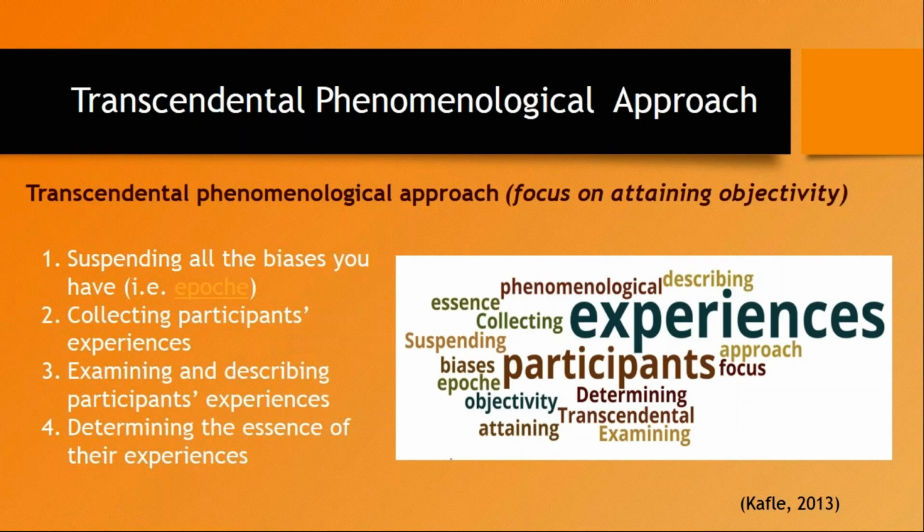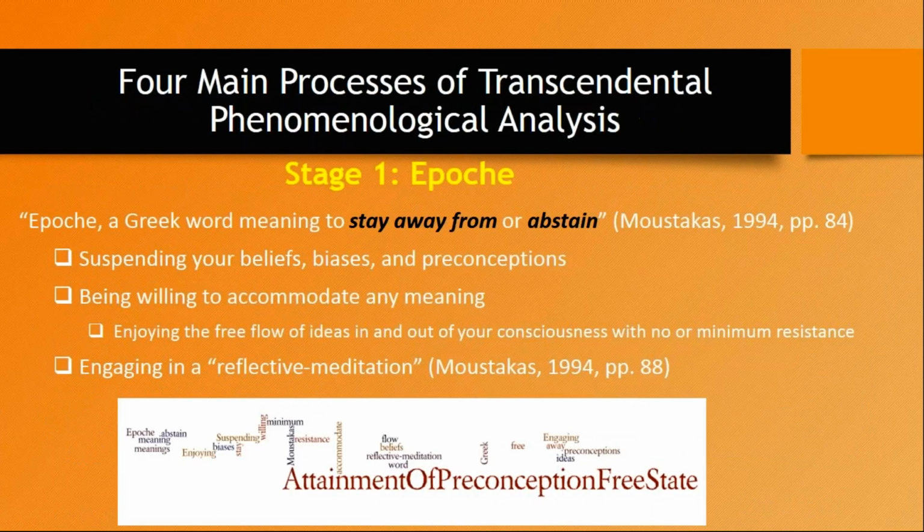The main feature of the transcendental phenomenological approach is to be able to set aside your preconceived ideas about the phenomenon that you're studying, so that your preconceived ideas and beliefs will not adversely affect the interpretation of participant experience. That's all about it. We call it epoche. That's suspending all your biases, and we will talk more about this concept.